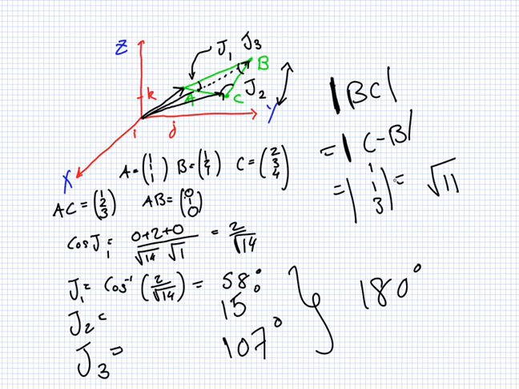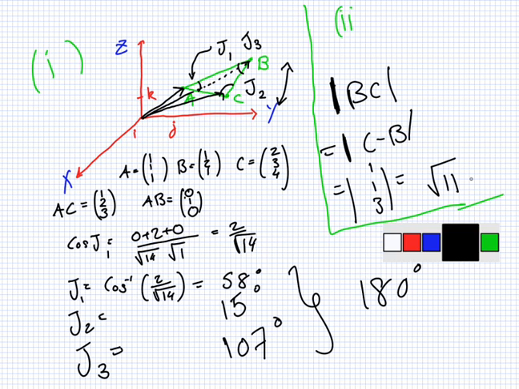Because I said in the exam they might ask you for one of the angles or one of the sides. So I just did one as an example. Part 1, part 2. Just do that little example at the end. The length of the side BC.